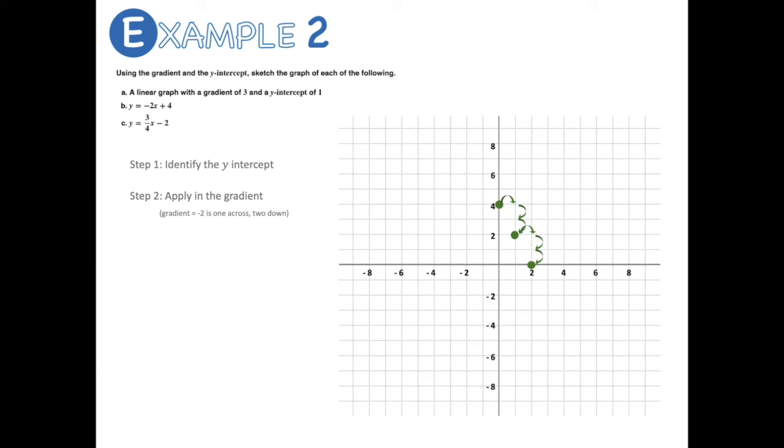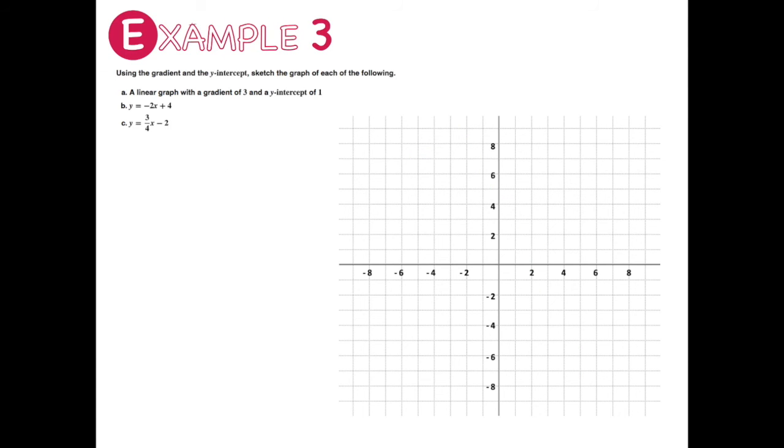Now that I've got 3 points, I can go ahead and join my line, which is step 3. So adding in my line, making sure it goes across those 3 points. And then the final step is to label the line. So y equals negative 2x plus 4. And that is my completed graph for part B.